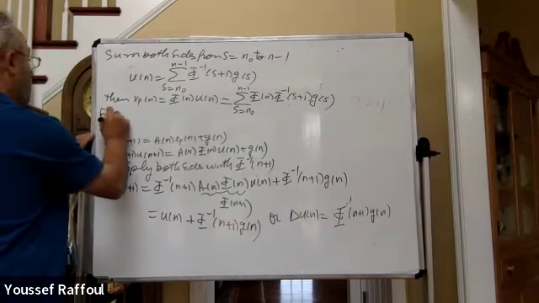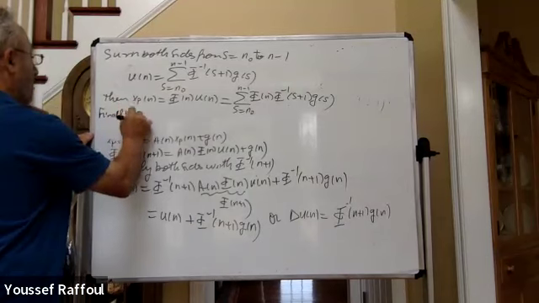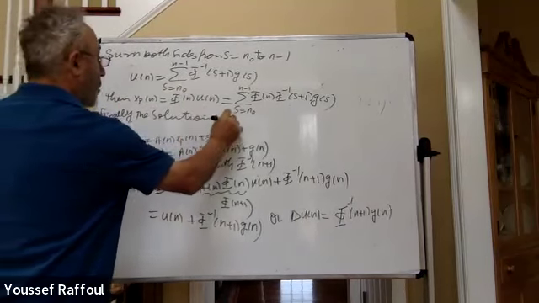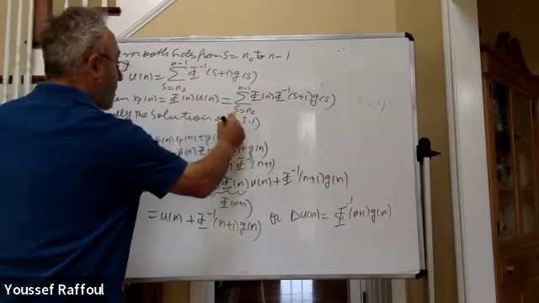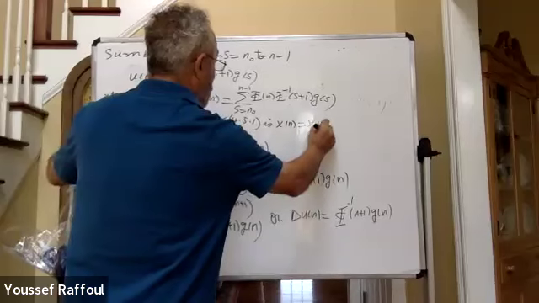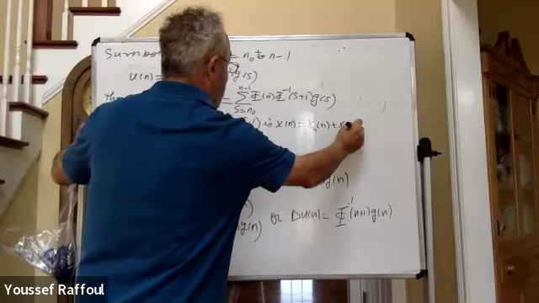Finally, the solution of 4.51 is x(n) = x_h(n) + x_p(n).